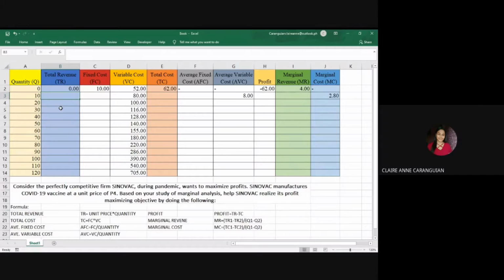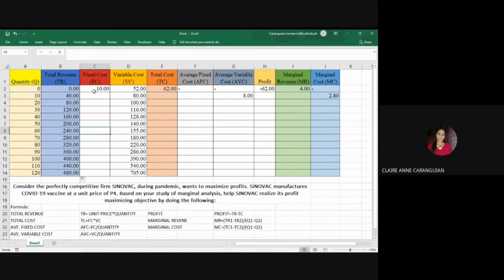So we're going to have a formula, 4 times the quantity. Our first quantity is 10. Our total revenue for 10 quantity is 40 pesos. And same as 20, just bend it down.